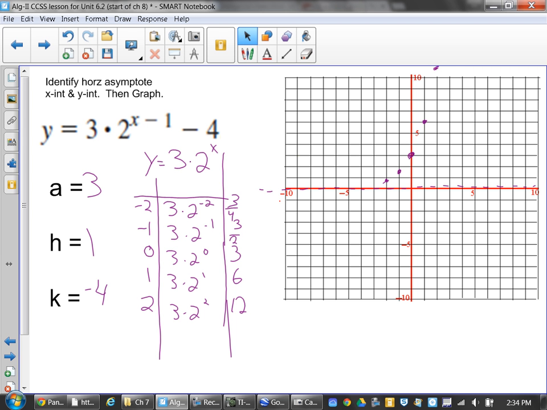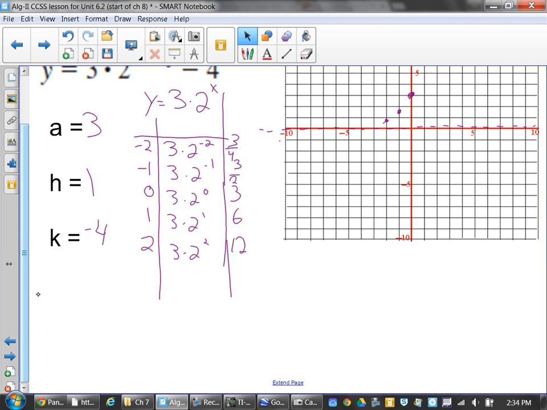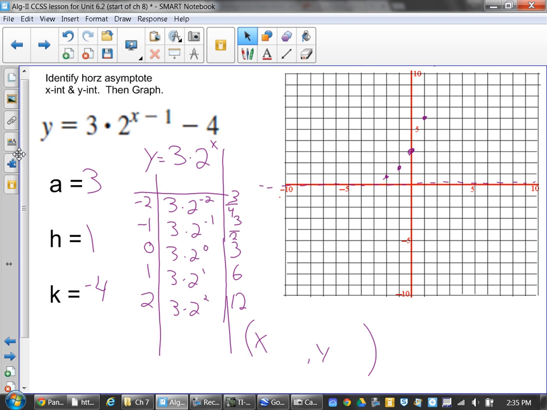Now, remember when we did this last time with the parent function stuff? We would write out that your shift was x and y. Now, our horizontal shift is to the right one. So am I adding 1 to the x values, or subtracting 1? Adding.